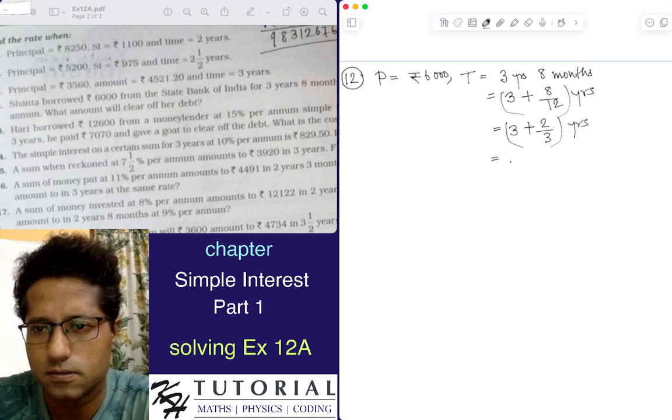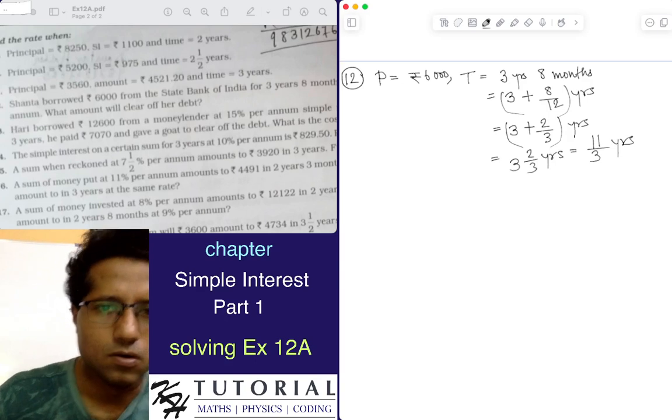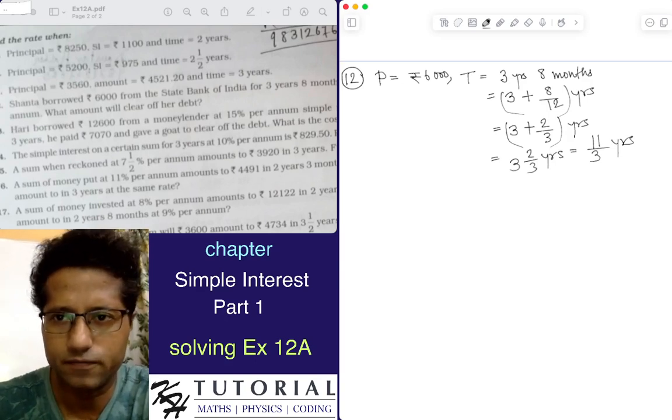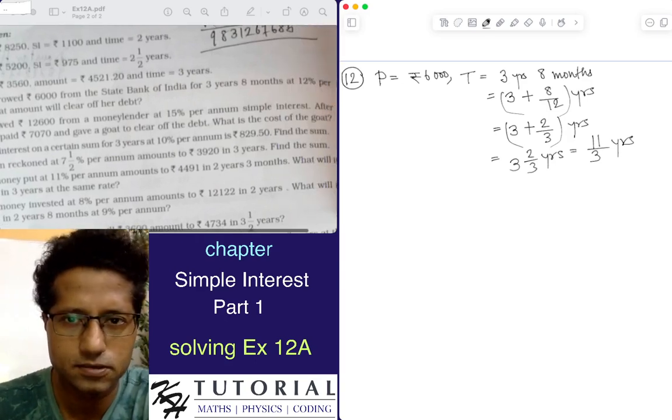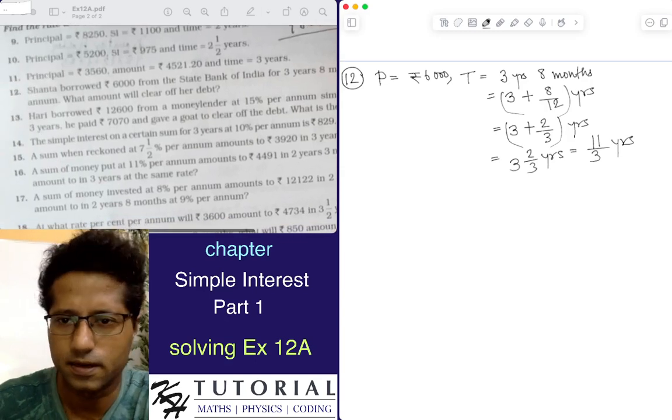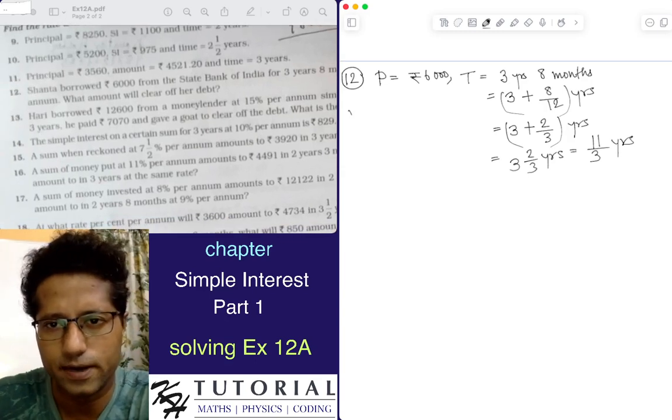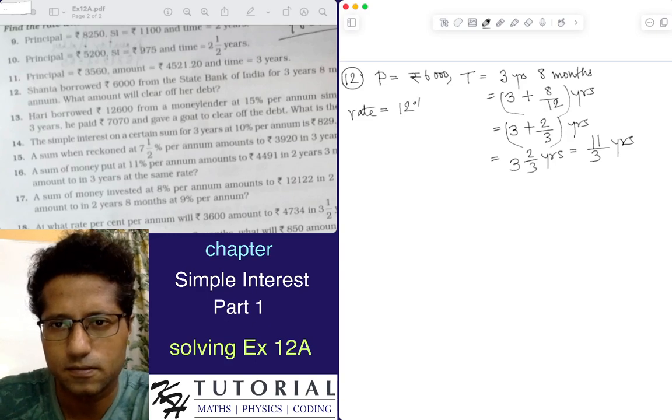Now this is 3 and 2 by 3 years, and this is 11 by 3 years. Now okay, so we have P, we have T, and we have the rate of interest at 12% per annum. So the rate is given to be 12% per annum.